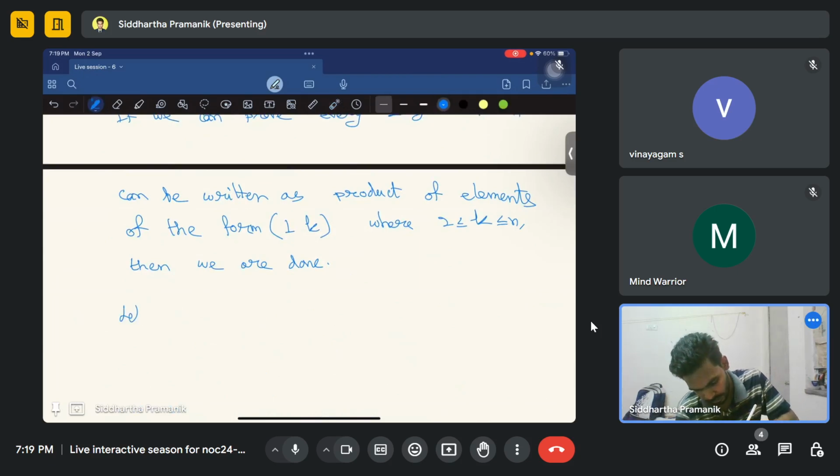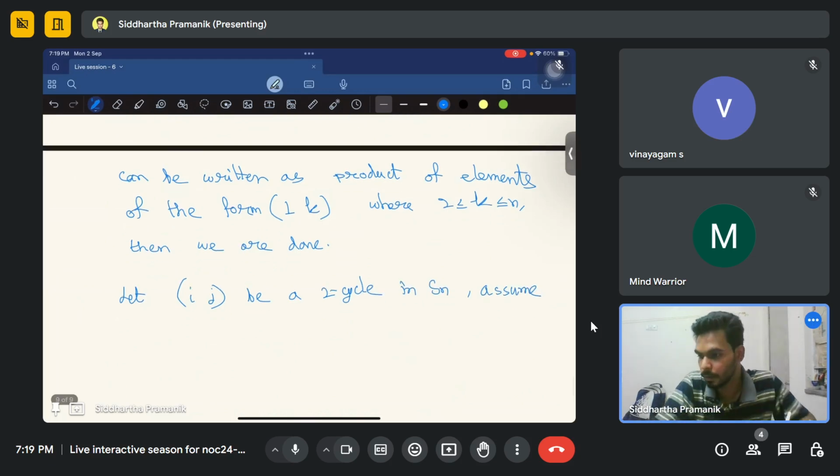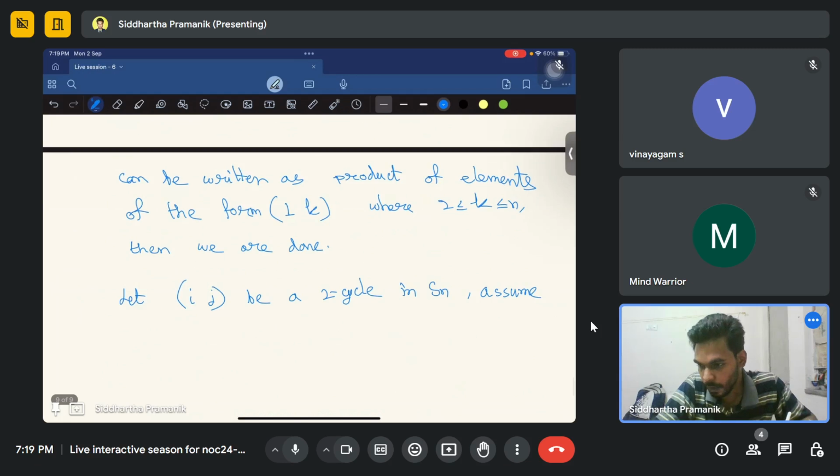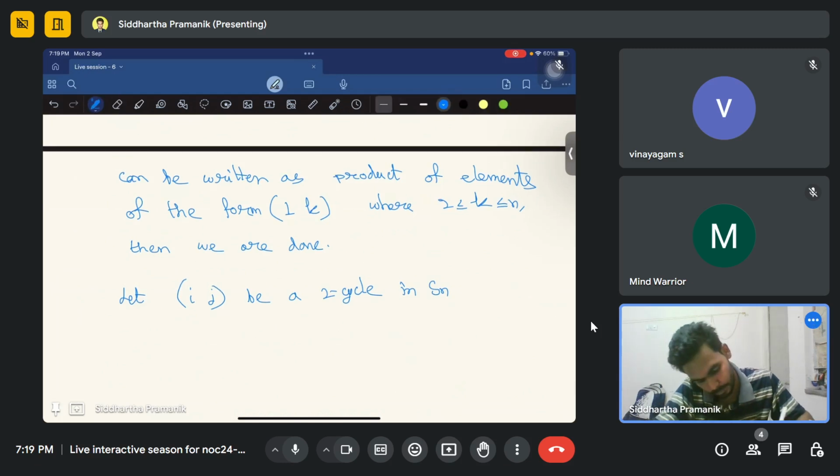So let (i j) be a two cycle in Sn. Okay, we don't need to assume anything. So it is an arbitrary two cycle.